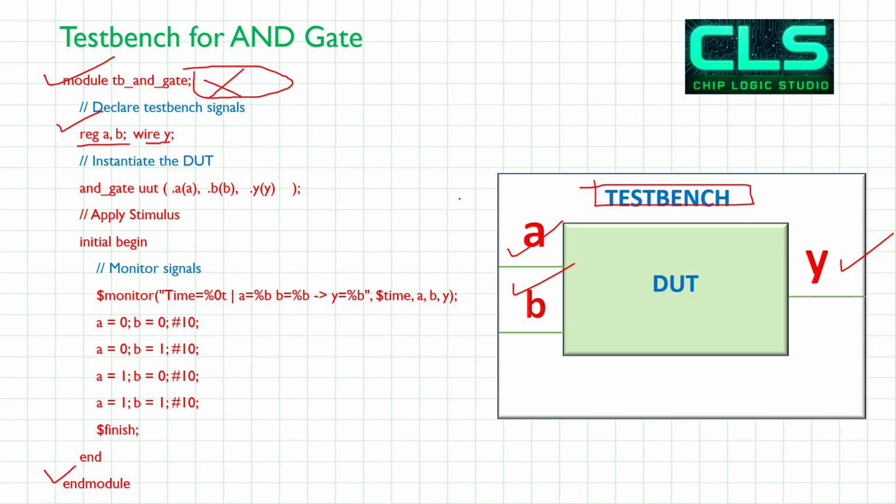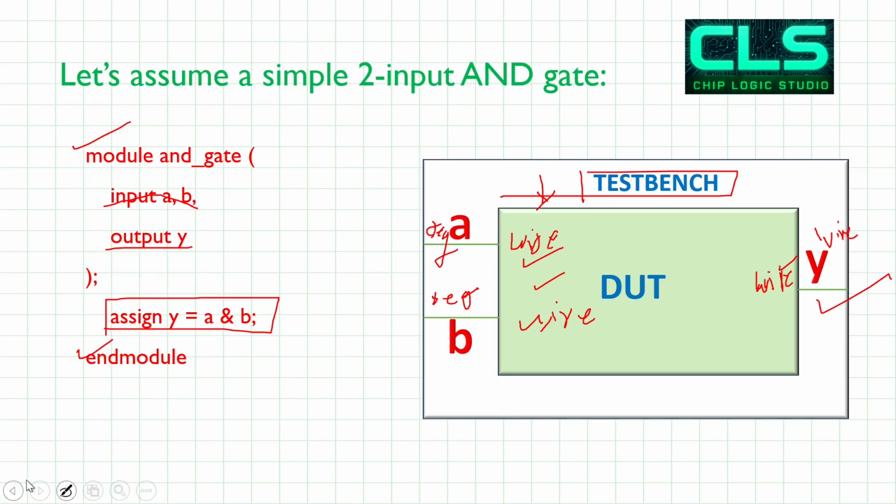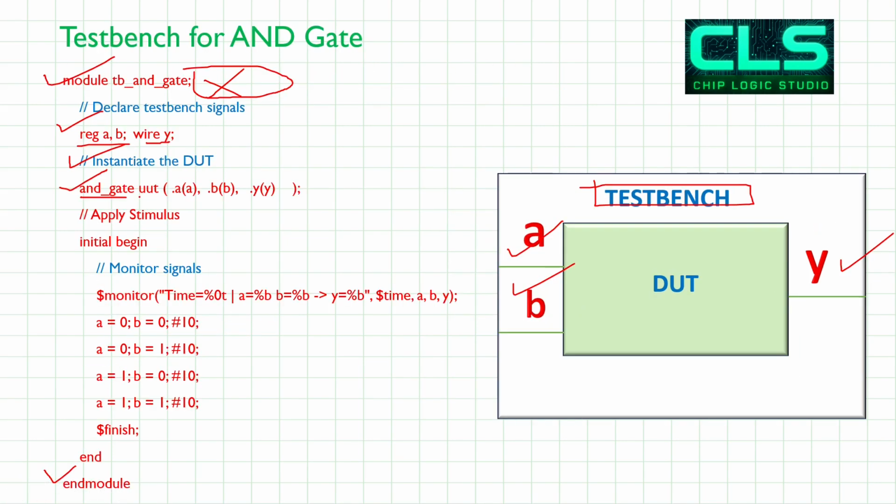Inside the top module we will instantiate our DUT, using the original DUT module name. Let me show you this AND gate, and after that a simple instance name, whatever you want. Then dot a means dot a of this DUT, and this a is the signal we named a. It is the same for the others.